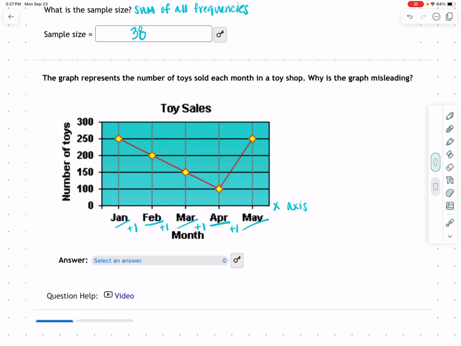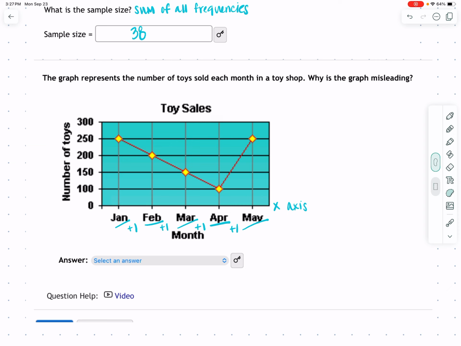But we really don't have any information about the time span that should be included in this graph. So it's a possible answer, but I don't think it's quite the best one unless we had more information, like how much time this should cover.